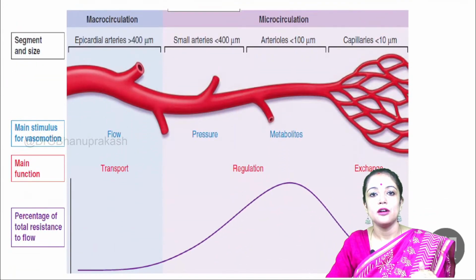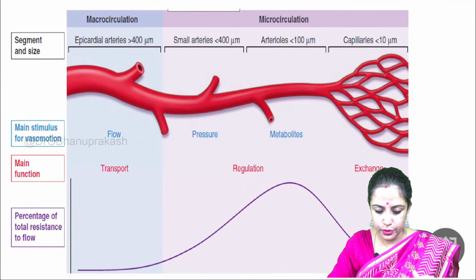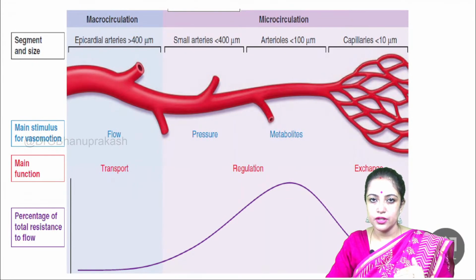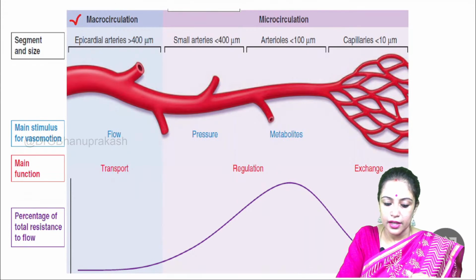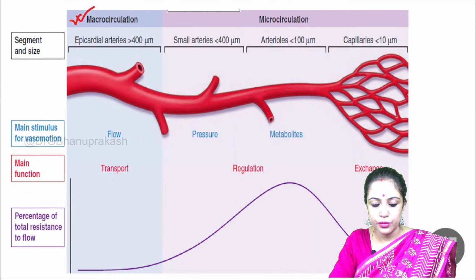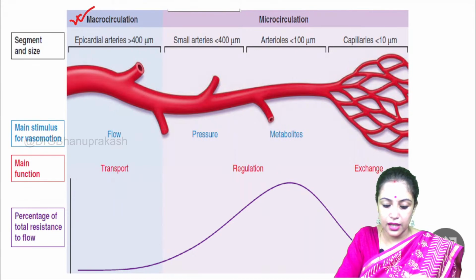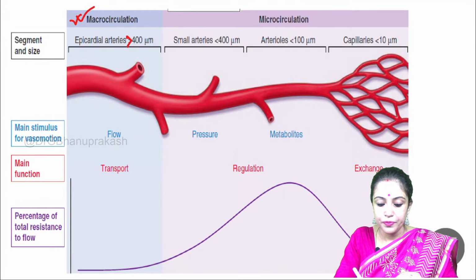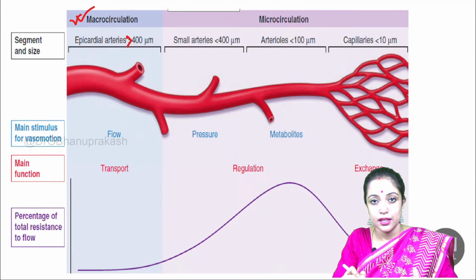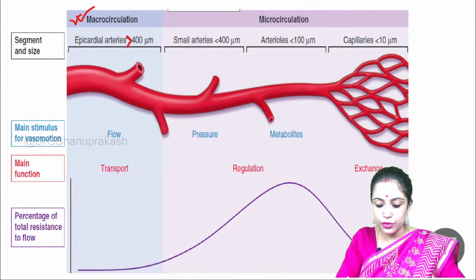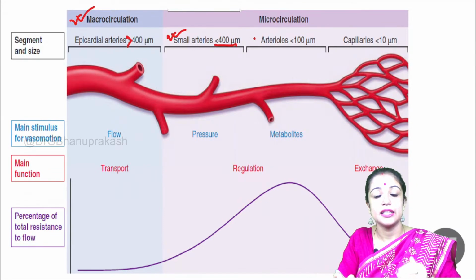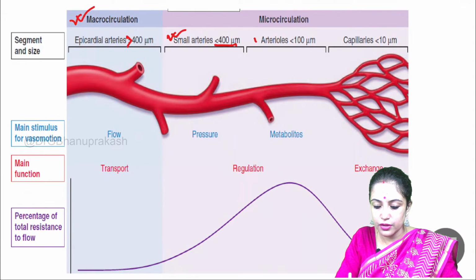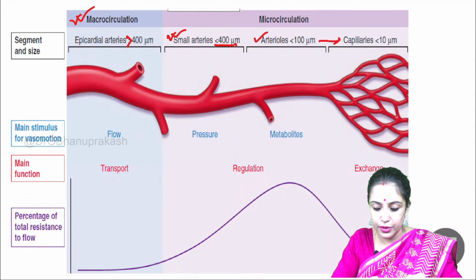Now a little bit about the physiology of the coronary circulation. The epicardial coronary arteries, I have just described. Epicardial coronary arteries have a diameter of more than 400 micrometers, and they continue as pre-arteriolar small branches less than 400 micrometers. Then they divide into arterioles, and arterioles divide into capillaries.